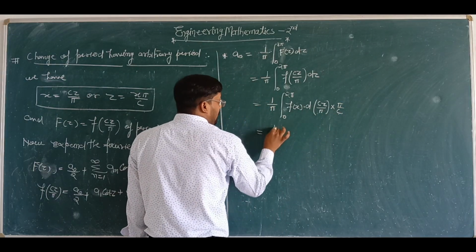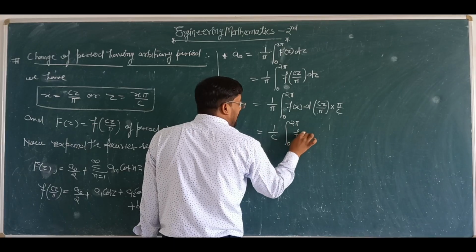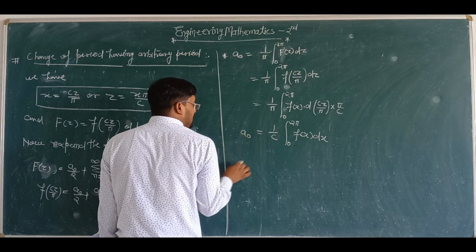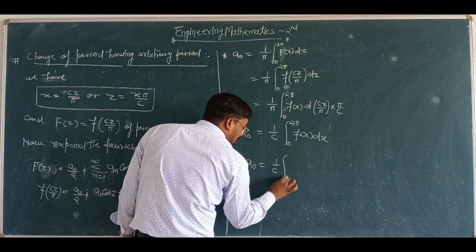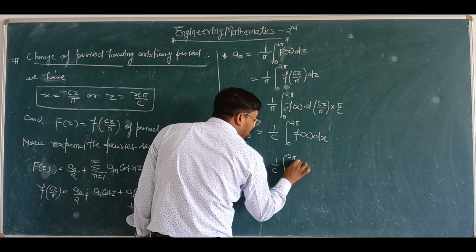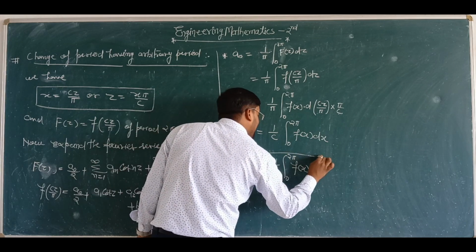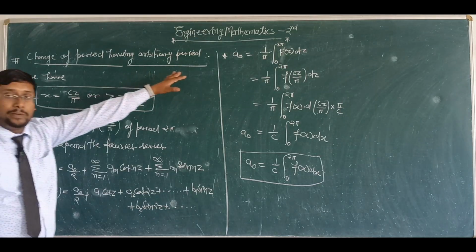Now you can write 1 upon c integration 0 to 2 pi f(x) dx. This is the value of a naught: a naught is equal to 1 upon c integration 0 to 2 pi f(x) dx. This is the value of a naught when the period is an arbitrary period.